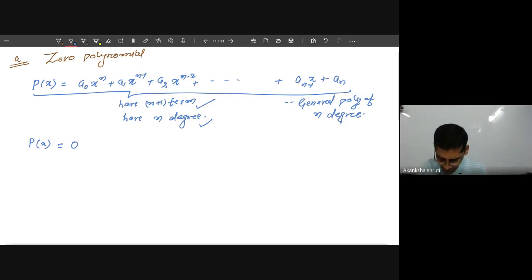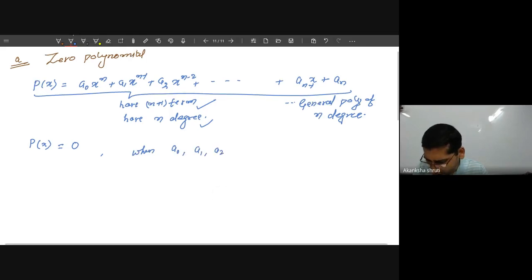This could be 0 when all these quantities like a0, a1, a2, all these terms are 0. Each of these coefficients is 0, then this polynomial becomes 0. Means all the coefficients are 0.